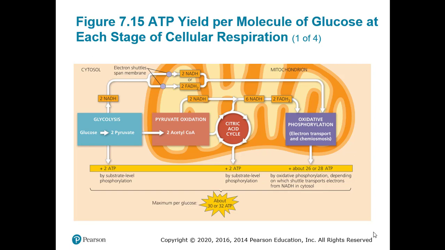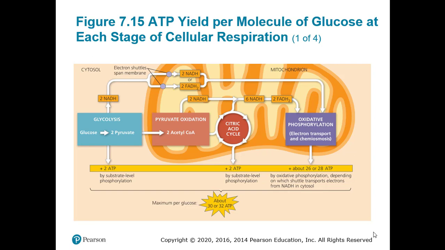For our purposes, though, we're going to say that you get 2 ATP overall from glycolysis. Okay. We get 2 ATP from the citric acid cycle. Now your book here has it low. It says 26 to 28.